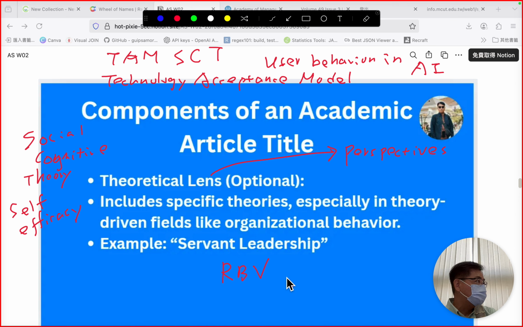Has anyone taken a course about organizational theory? Have you ever heard of resource-based view before? No? Really? This semester? Yes. Okay, we will learn RBV, resource-based view. It's another theoretical lens or perspective to view organizational behavior or their competitive advantage. Okay?